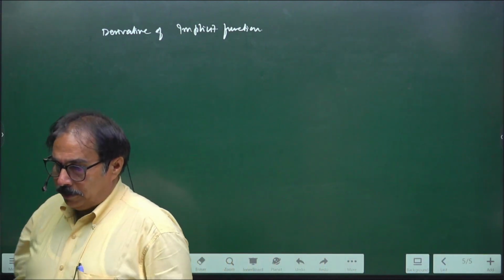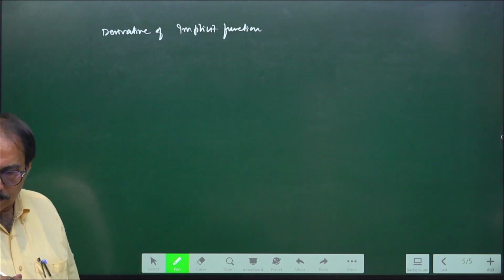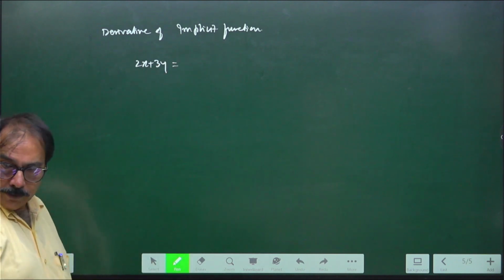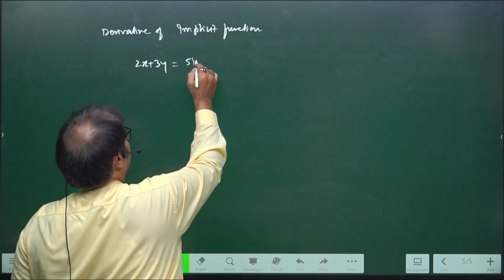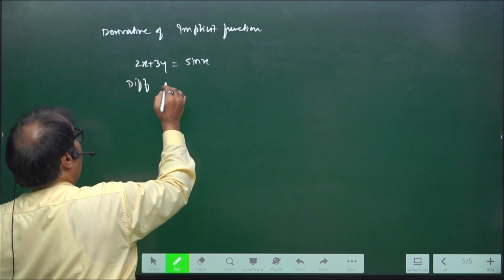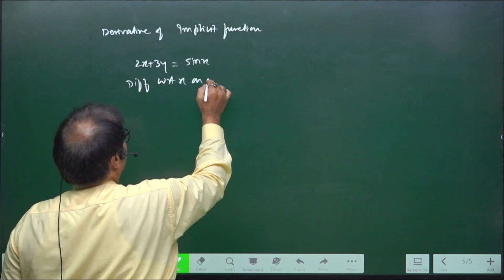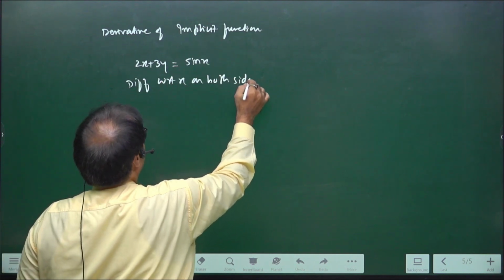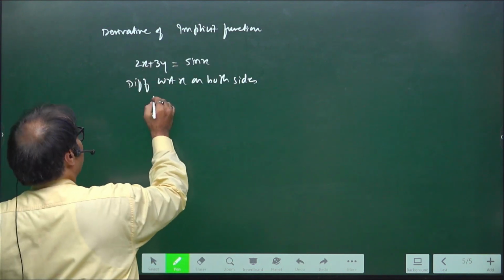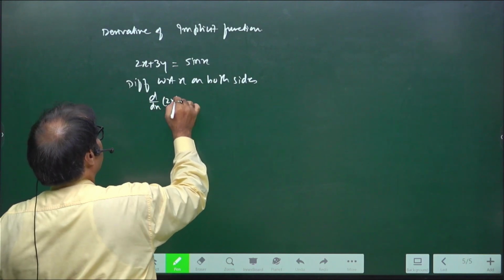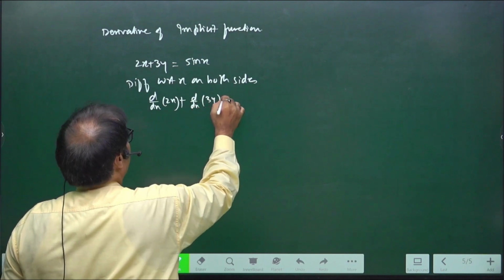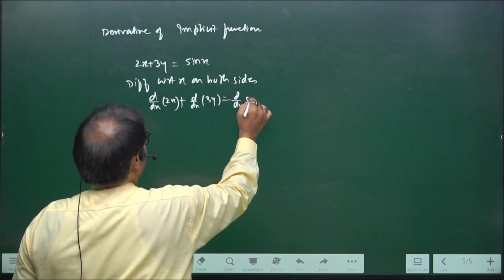Okay. So in this case, suppose 2x plus 3y is equals to sine x. Differentiate with respect to x on both sides, because the function is implicit function. There is x, y and sine x. So d by dx of 2x plus d by dx of 3y and the derivative of sine x.